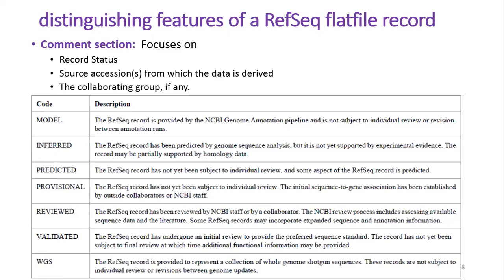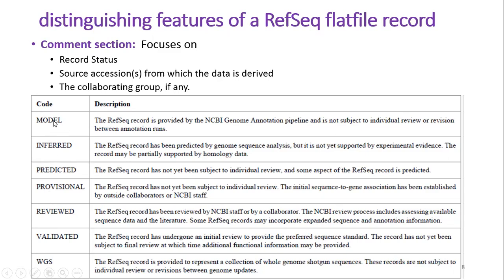But this status can be changed to reviewed or validated depending on what kind of annotations are added to that entry. I would advise you to read the different descriptions that are associated with these record status types.